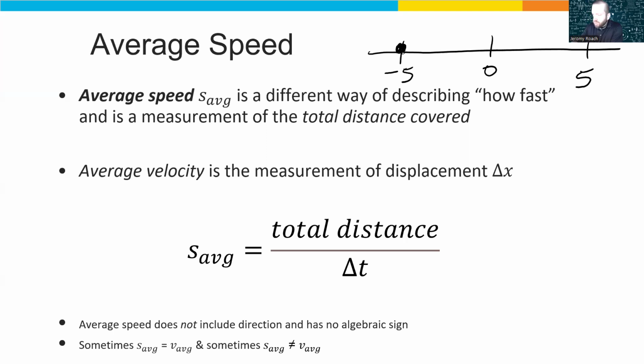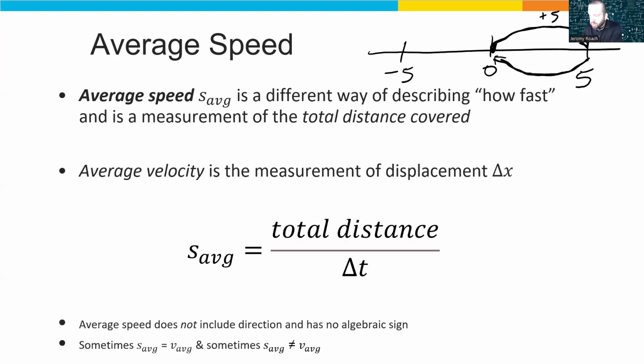So another example would be if we want to find our total displacement, if we went from 0 to 5 and then back to 0, our total displacement is 0 still. Our total distance, if we go from 0 to 5 back to 0, is 5. And then we went back 5, but distance always has to be positive.